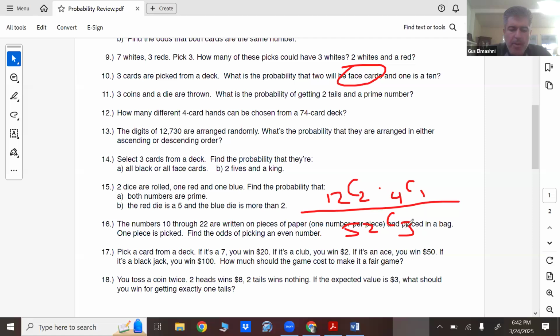It comes out to a pretty nasty number. Or 66, or 55-25.